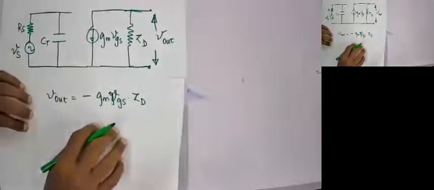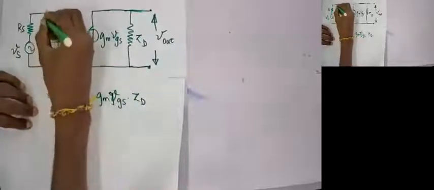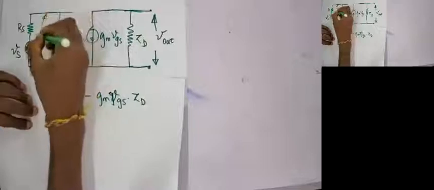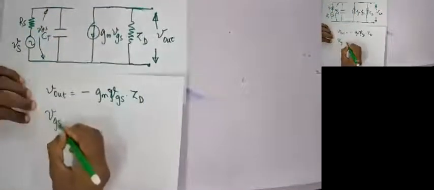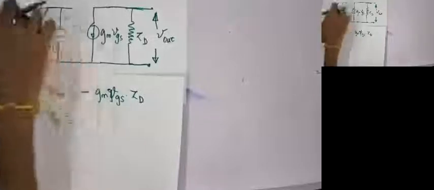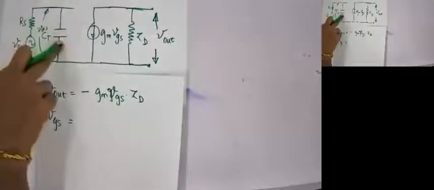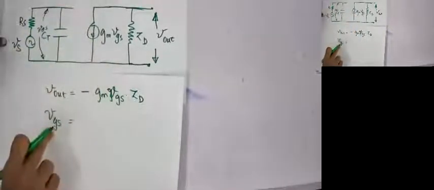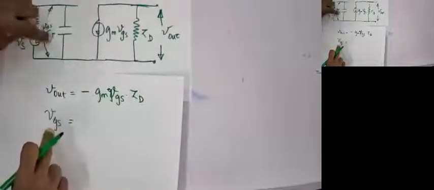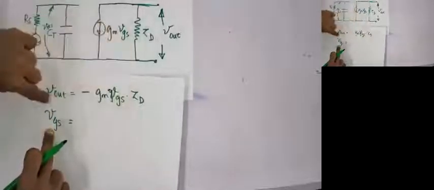Minus GM into VGS into ZD. And then what is your VGS? This is a potential divider, RS and CT, so VGS is the voltage across CT. Calculate VGS in terms of VS, RS and CT, substitute that here and bring the VS to the other side.